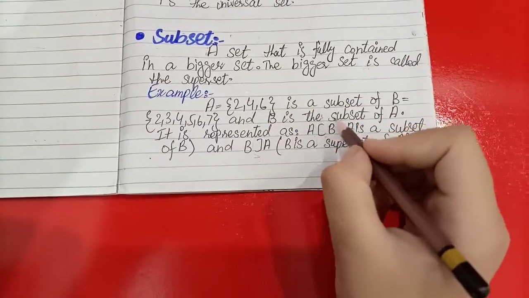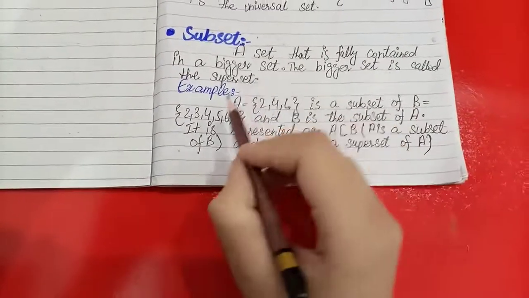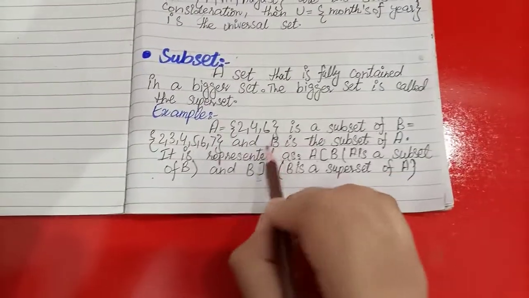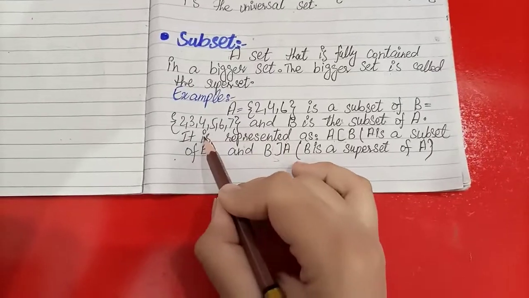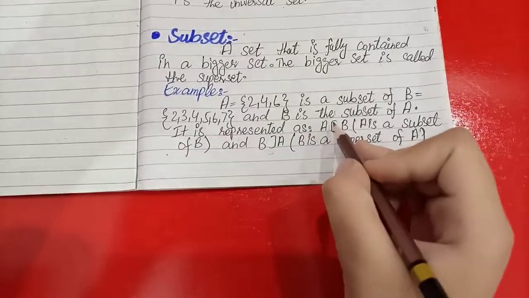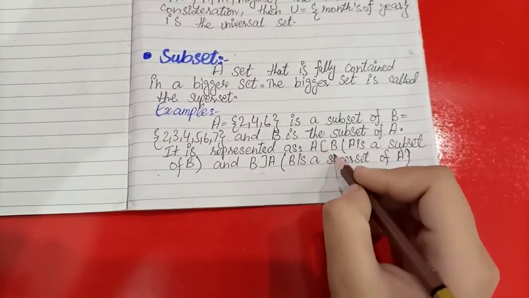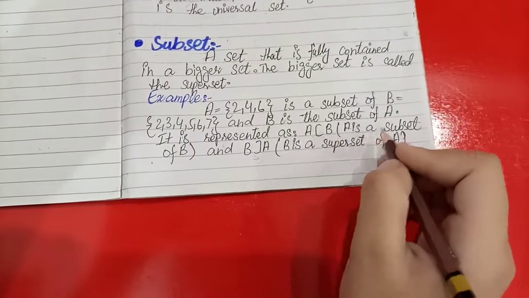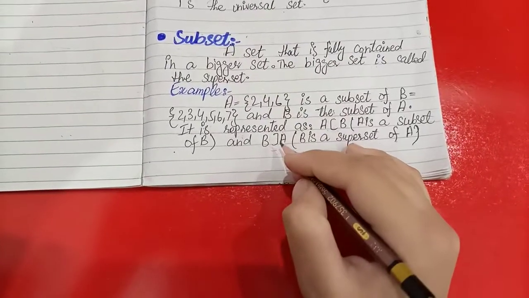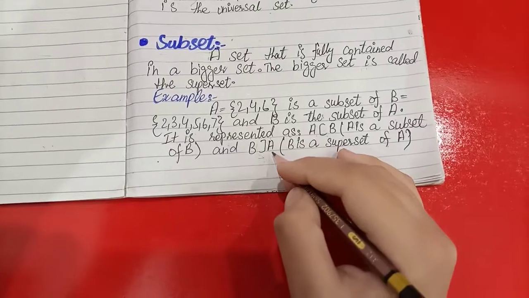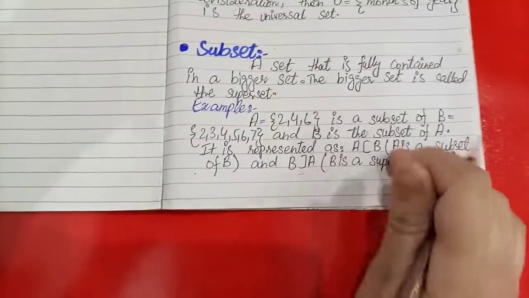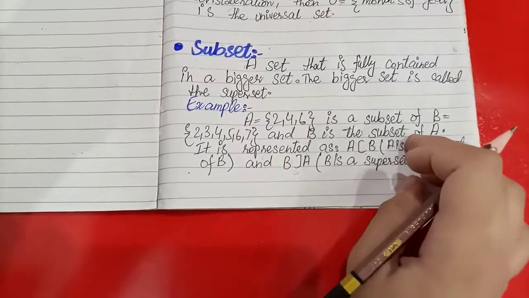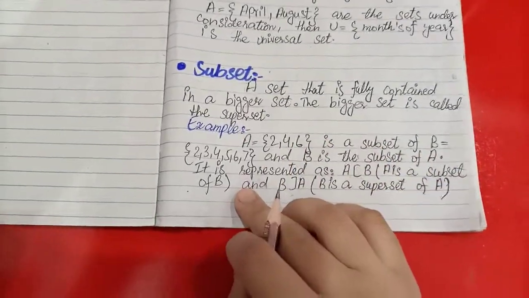It is represented as A subset of B. A is a subset of B, and B is a superset of A. Means B is the bigger set of A and A is only a subset of B.